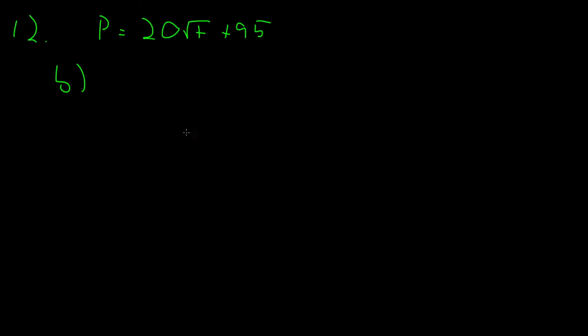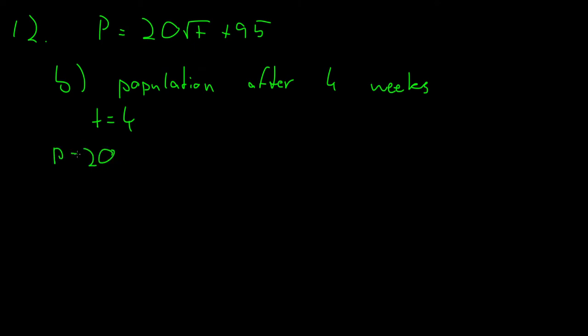So in b, we've got the population after 4 weeks. That means t equals 4, because t is the time in weeks, and we've got 20 times root 4 plus 95.